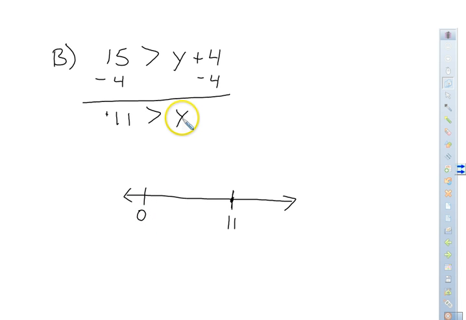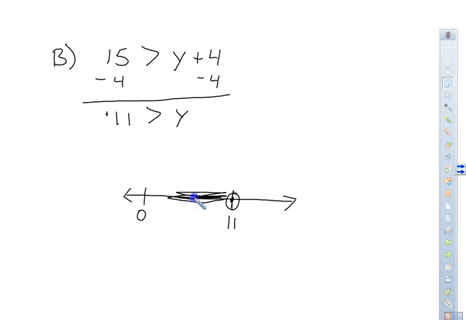It says y is less than 11, so when you plot it, you make a circle around it, not filling it in, because it does not include 11. It cannot equal 11. It has to be smaller than that. And then we would draw a line.